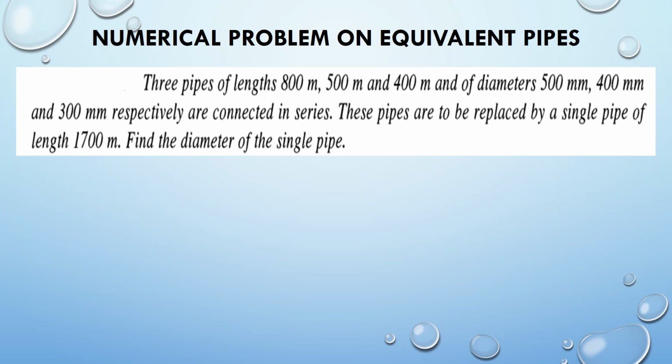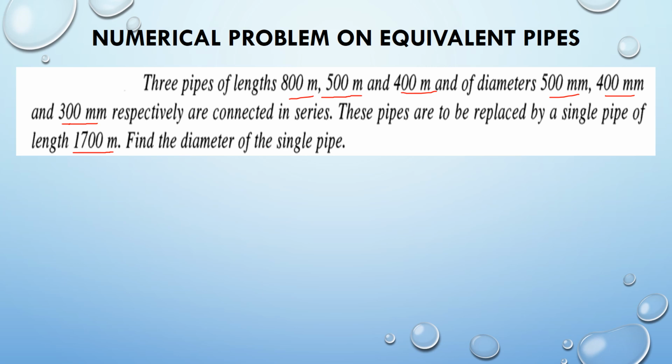As mentioned earlier, it is a very simple problem wherein you are already given the values of L1, L2, L3 and similarly D1, D2 and D3, and also the length of the pipe. These pipes are to be replaced by a single pipe of length 1700, so capital L is also given. You are asked to find out the diameter of the pipe.